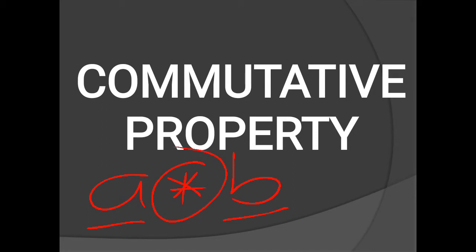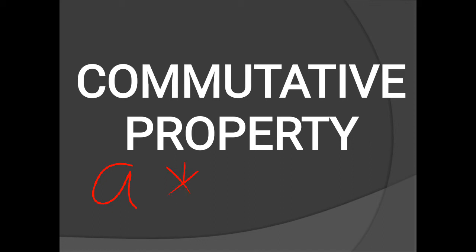So it deals with position. What it says is that A operation B should be the same as B operation A. If I change the positions, if A comes first and B follows, it should give me the same result if I bring B first and A follows.